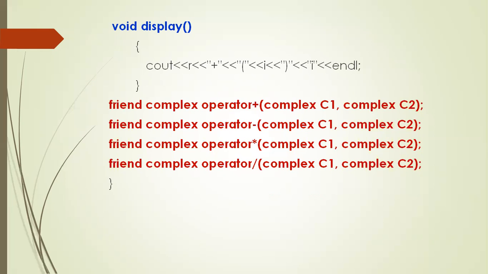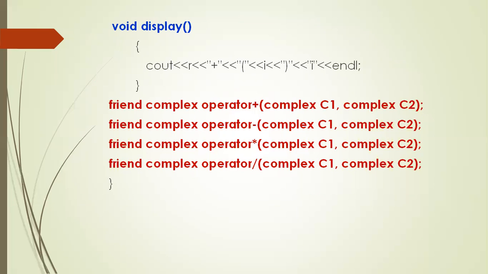So here, the first keyword friend indicates that your operator function is a friend function. Then the next word complex indicates the return type. When you add two complex numbers, definitely the result is another complex number, which means the return type is complex. The keyword is operator, followed by the operator for addition, plus. And then since you are writing the operator function as a friend function, you have to pass two objects as parameters.